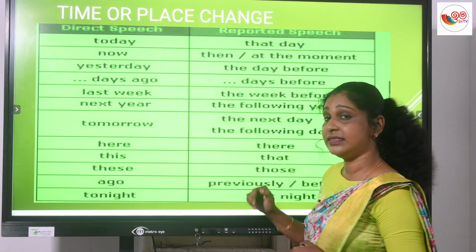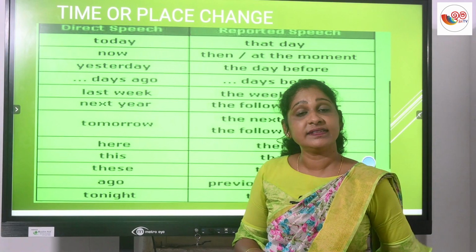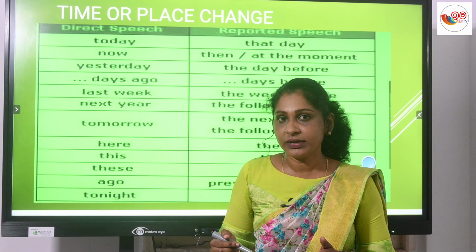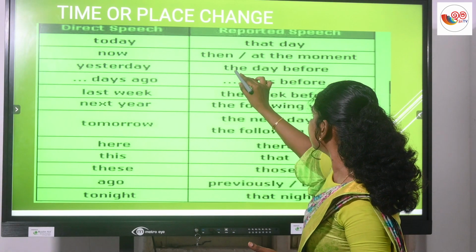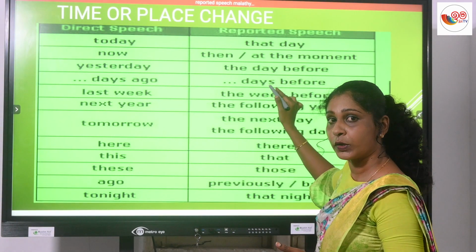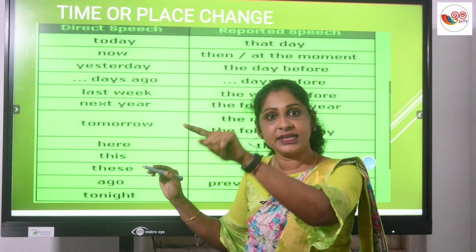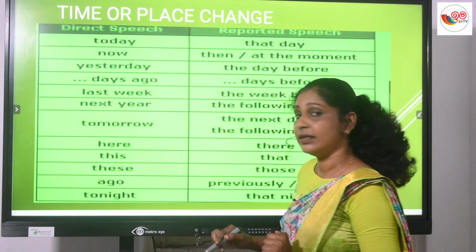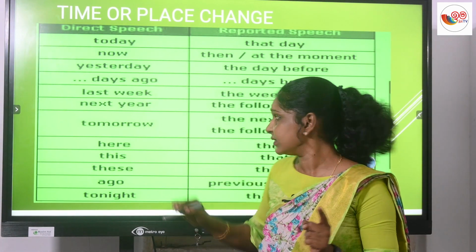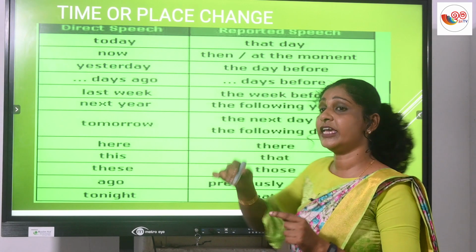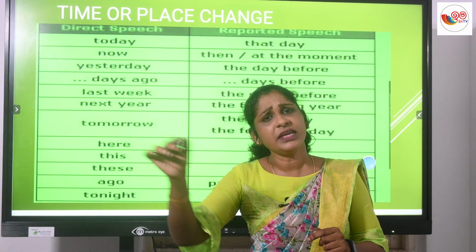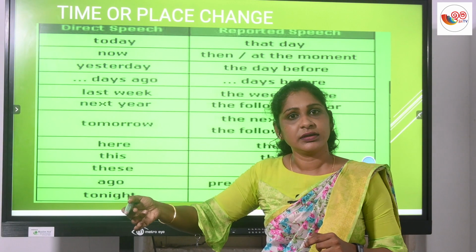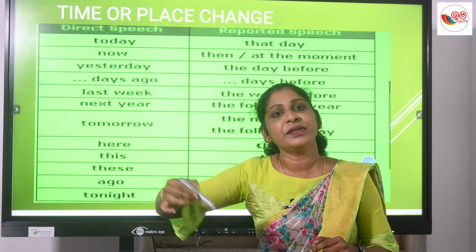Yesterday means the day before or the previous day. Both are correct. Next one, last week: the week before or the previous week. Likewise, last month: the month before or the previous month.